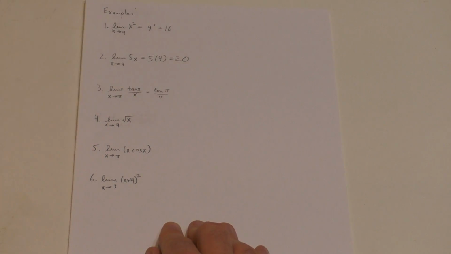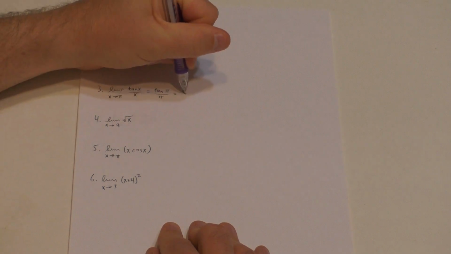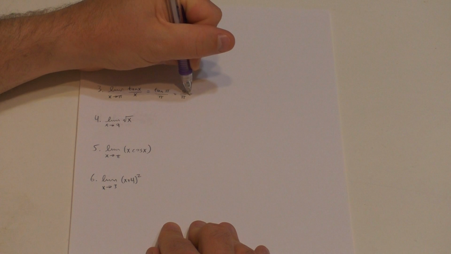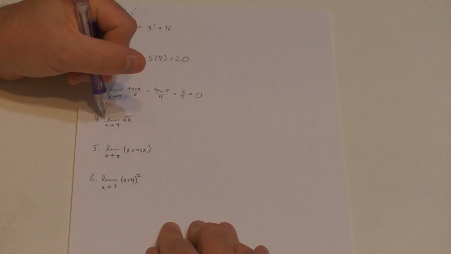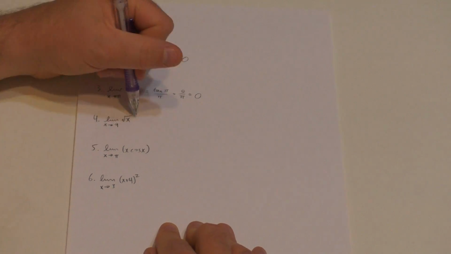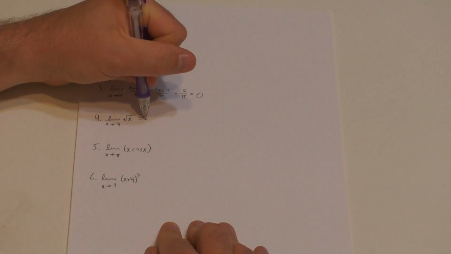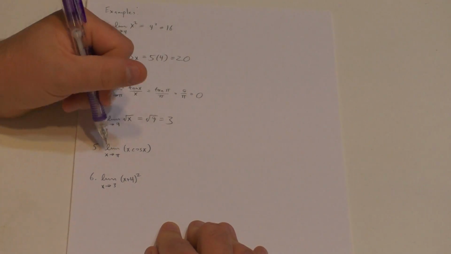And if I remember right, tangent of pi is 0, so it's 0 over pi, which equals 0. Here, we have the limit as x approaches 9 of the square root of x. Let's plug in 9 for x, so it's the square root of 9, which equals 3.